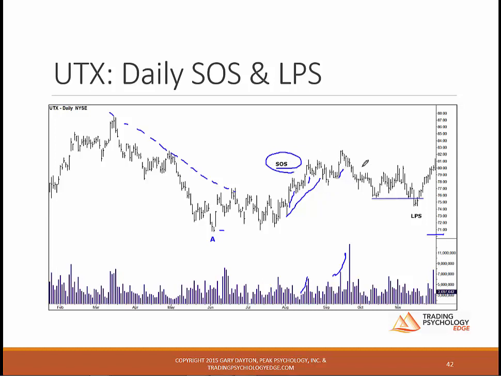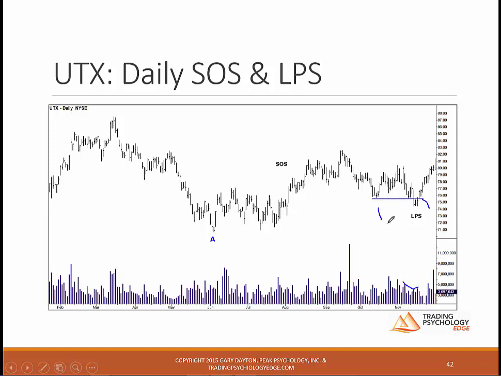And then the market kind of meanders along for quite some time. And this is not unusual. If you're doing position trades, you might only get 3 or 4 really good opportunities in a year. But we come to a last point of support, the volume recedes, and we have a spring occur here as the market closes above this swing low.